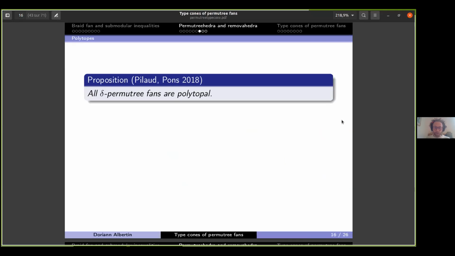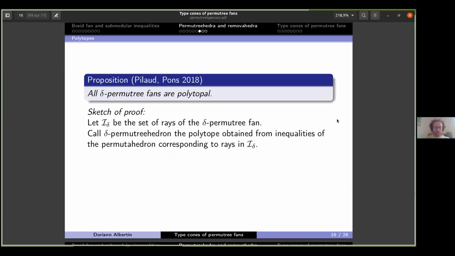Now, it so happens that delta permit tree fans are polytopal, and so here's a sketch of proof. If you take the set of rays of the delta permit tree fan, the ones that we did not lose, you can build a polytope out of the inequalities of the permutahedron by selecting only those corresponding to rays in I delta.